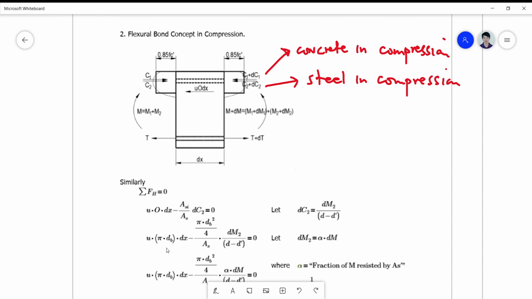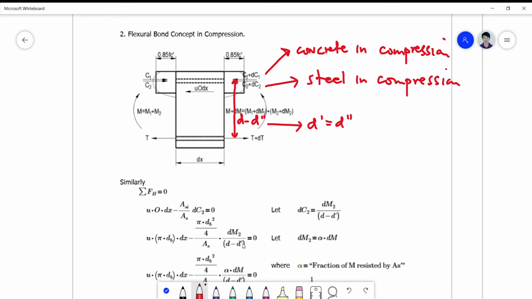Same manipulation, but take note that our moment arm is no longer JD, but rather the moment arm from the compression to the tension, which is D minus D double prime. Assuming D prime is equal to D double prime, this can be simplified further to D minus D prime.